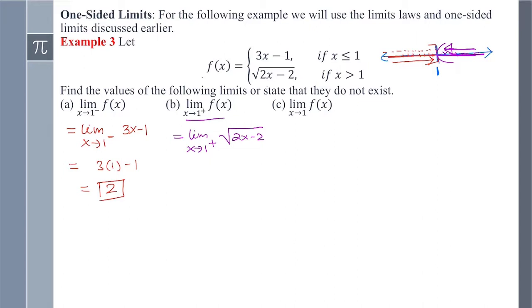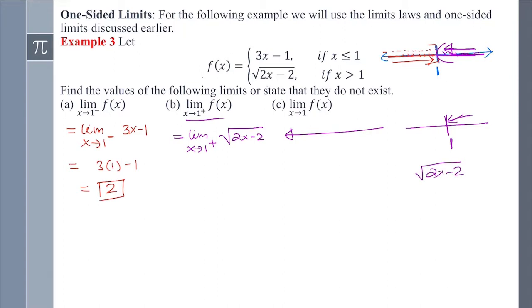You really have to be careful here with this square root. Remember, we cannot have a negative inside the square root. Let me explain this. Here x is 1, and we are approaching 1 from the right. So we have square root of 2x minus 2.